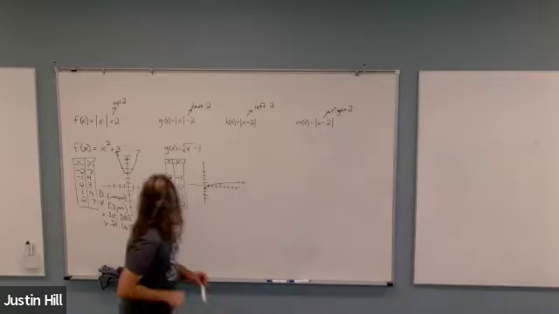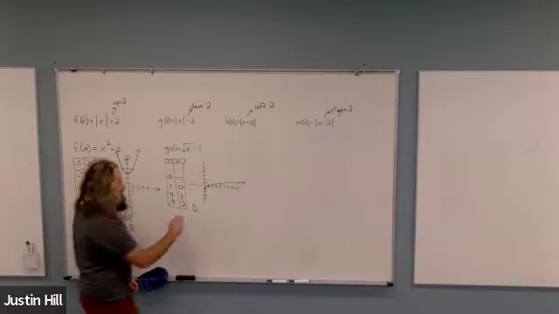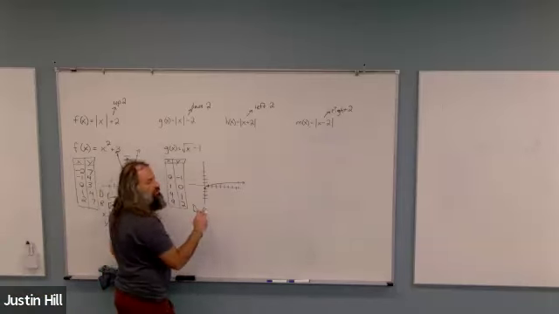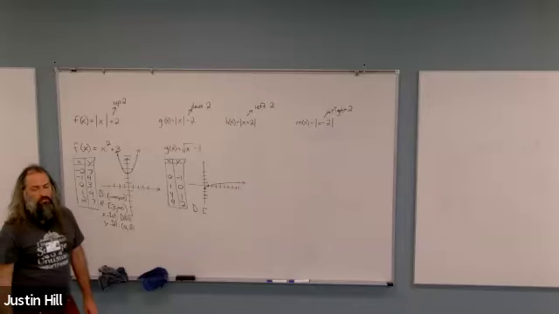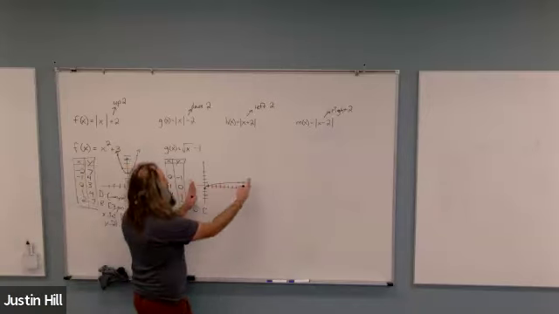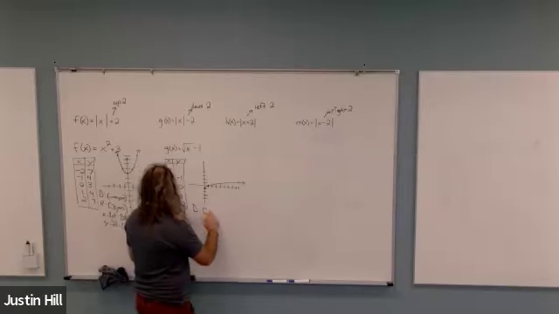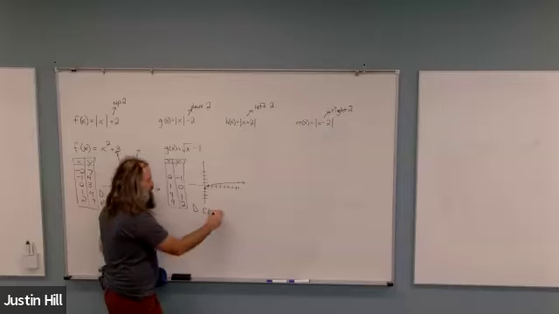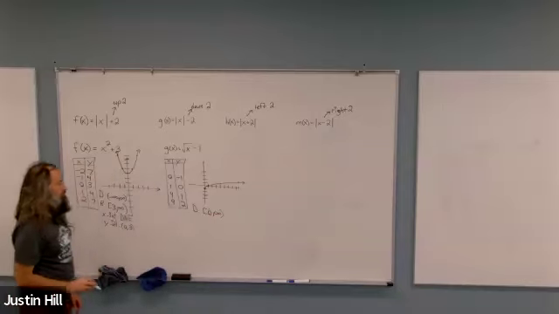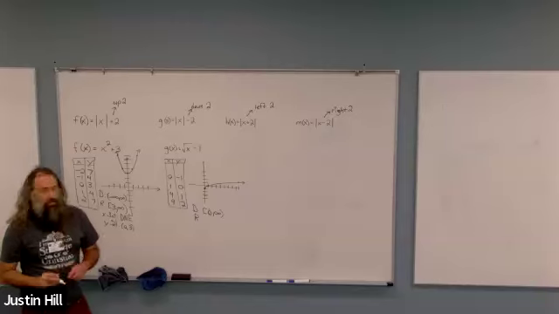Let's see what you got for the domain. Bracket or parenthesis? Bracket. Surprisingly not one. Oh, wait, hold on. Zero. So thinking about how far left it goes, this is where it ends, and the x value there is zero. So it'd be zero, comma, infinity, with a parenthesis.